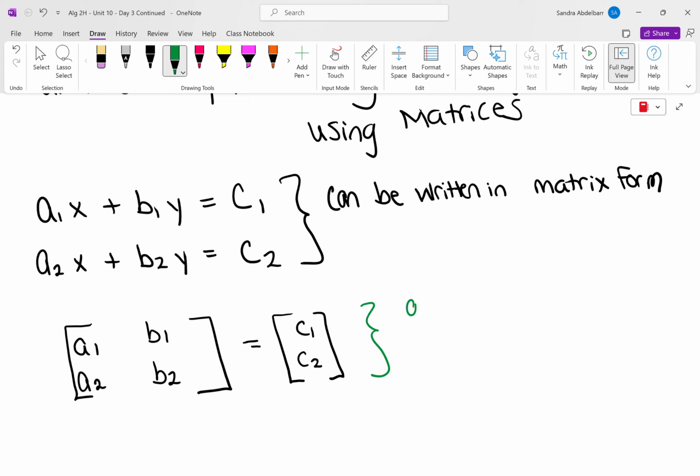Now if you look at each row, we can translate this back into an equation. A1x plus B1y equals C1. A2x plus B2y equals C2. That's how we translate that back into equations.